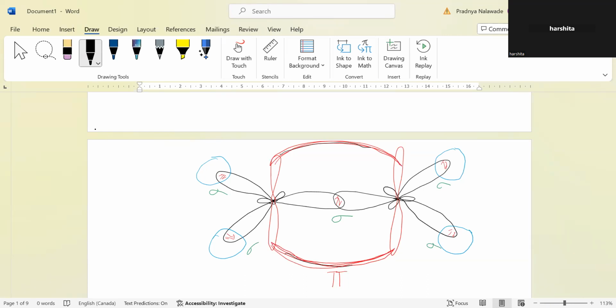And s is spherical. Spherical means there is no direction. Any doubt? Okay. Sure?